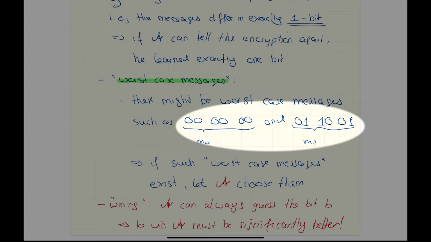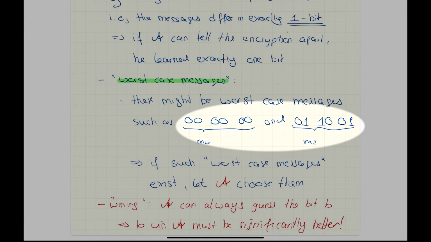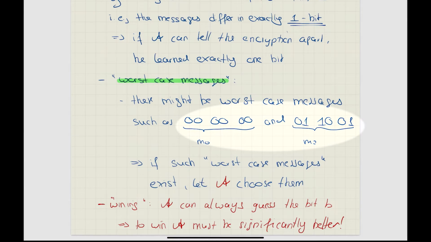Which means, for example, if the adversary is particularly good at distinguishing the messages 000000 and maybe 011001, these are just random examples that I made up, but suppose these are the messages where the adversary performs exceptionally well. Then what we are saying is the secure encryption scheme is the one where even if the adversary chooses these messages, he still cannot do better than guessing.